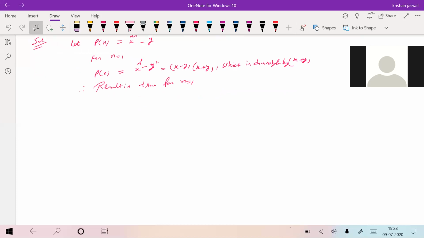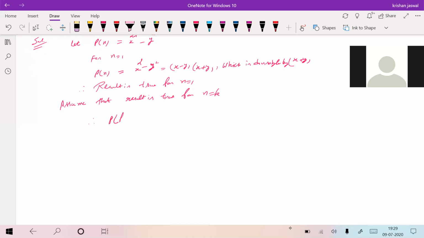Assume that the result is true for n is equal to k.